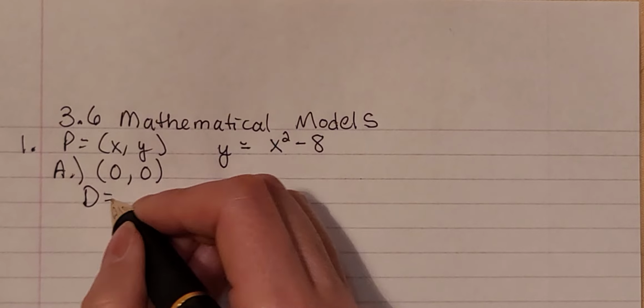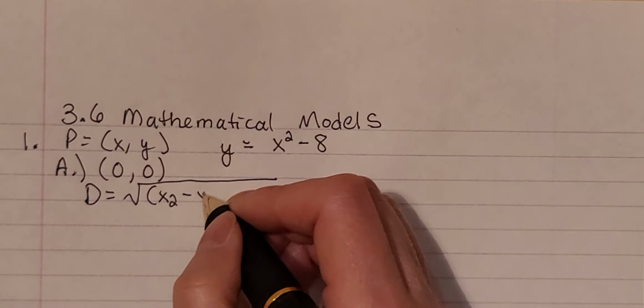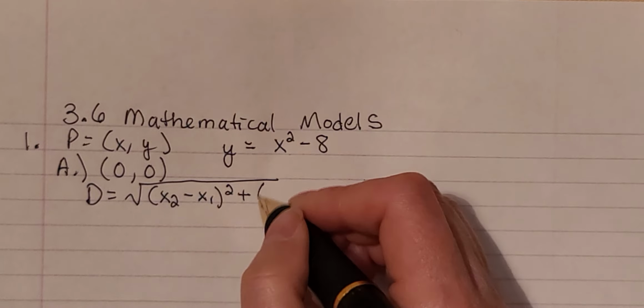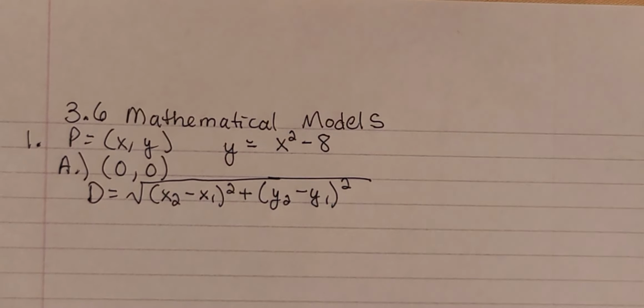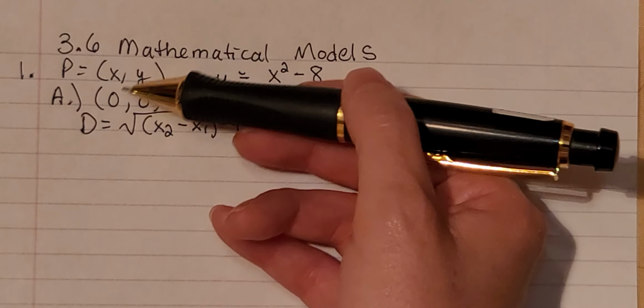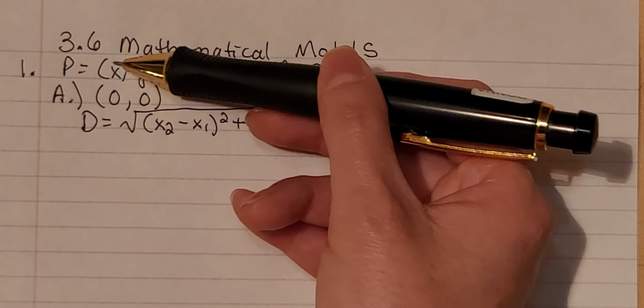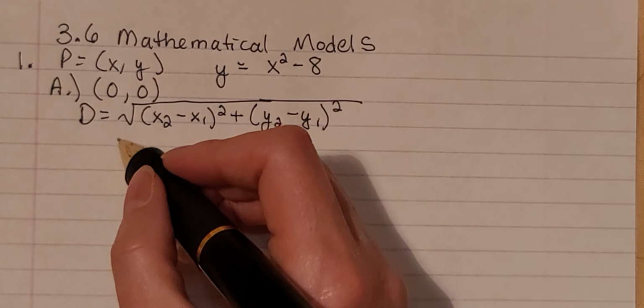Okay, you remember the distance formula: the square root of (x2 minus x1) squared plus (y2 minus y1) squared. Now when we plug in these two coordinates, you want this one to go first, so that way we're not dealing with negatives or anything.